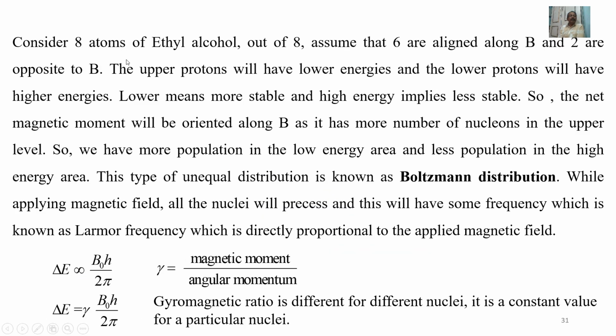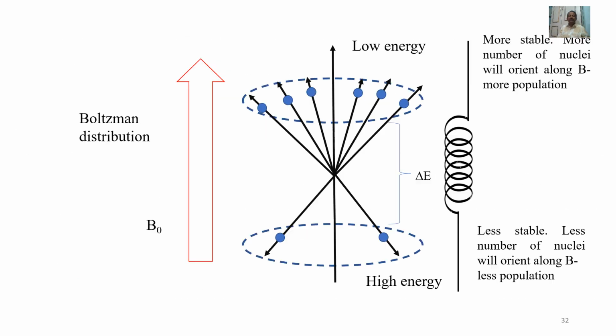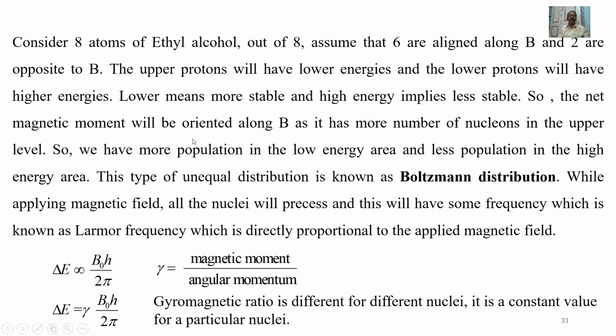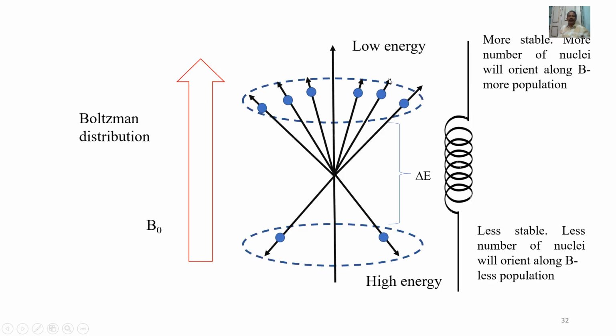Now let us consider 8 hydrogen atoms of ethyl alcohol. Out of 8, let us assume that 6 are aligned along B and 2 are opposite to B. So we have 6 atoms aligned along B and 2 atoms aligned against B. Let us assume the upper protons will have lower energies and the lower protons will have higher energies.